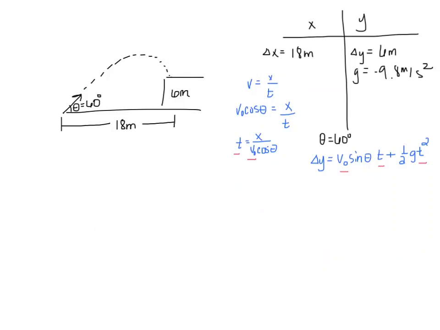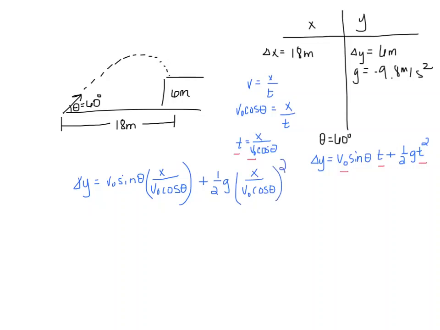So that becomes delta y is equal to v naught sine theta times time, which is now being replaced by x over v naught cosine of theta, and you can already start seeing that a lot of things are going to start canceling out, plus 1/2 g, and again x over v naught cosine of theta, squared.